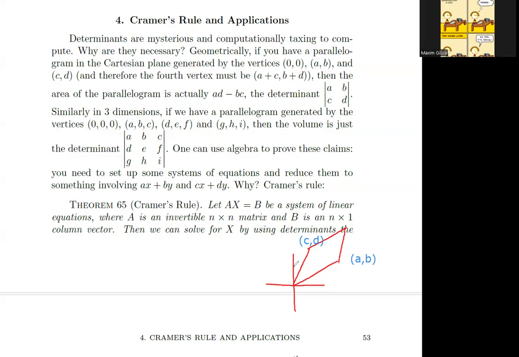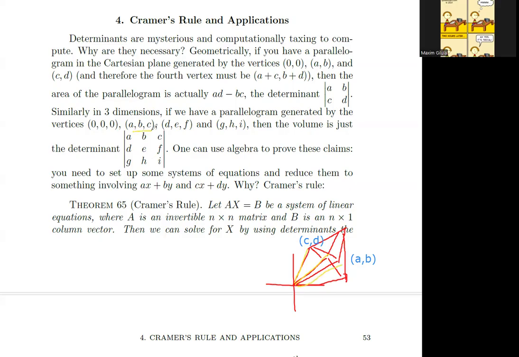If I have a three-dimensional parallelogram called a parallelepiped, this is hard to draw for me, but it's a three-dimensional thing now that looks like a parallelogram, but in three dimensions. And if it's generated by three of these sides, the others will be completely determined.